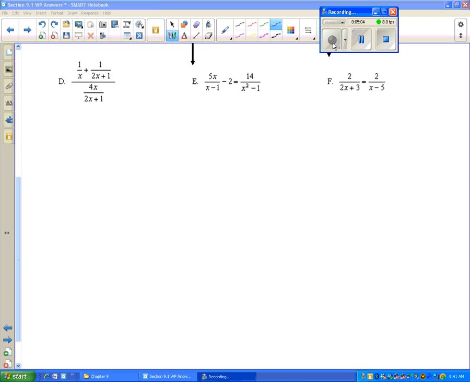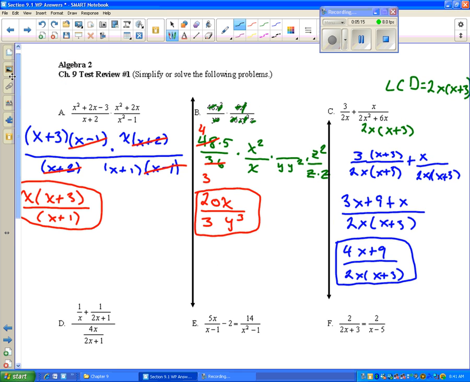All right, let's go ahead and do D, E, and F. So on letter D, I want to look at this, and again, my goal isn't to get a common denominator. In the first A and B, I just wanted to reduce, so I was not getting a common denominator. Letter C, I did get a common denominator, and I kept my common denominator.